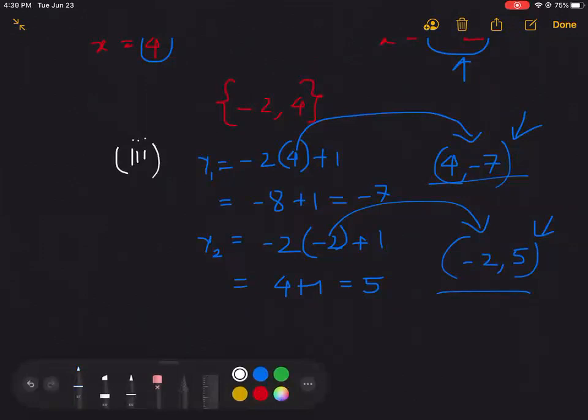Can we use the graph to determine the points that are equal? Do you mean you want to use the graph to find the intersecting points? Well, if the graph has precise points, you can do that.